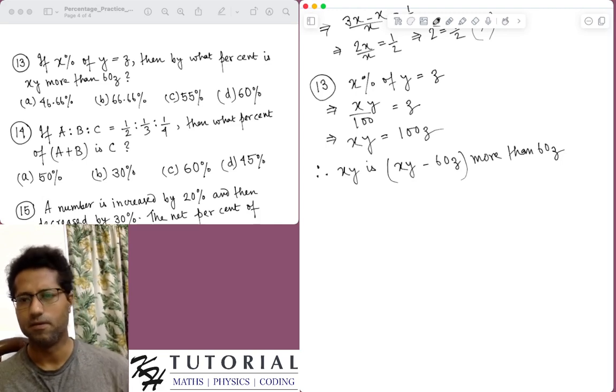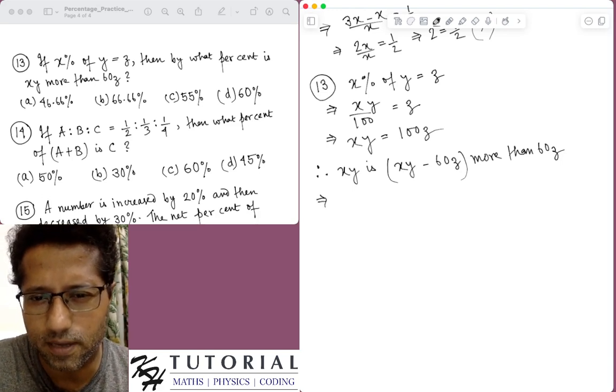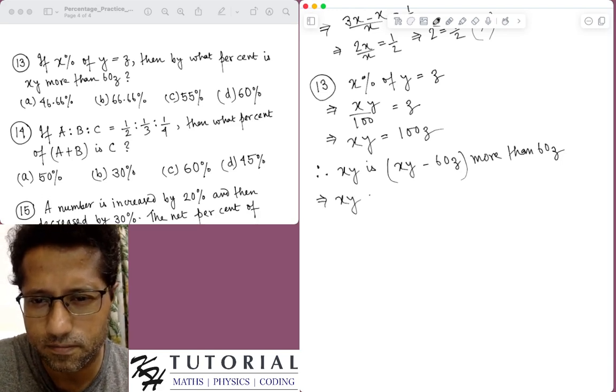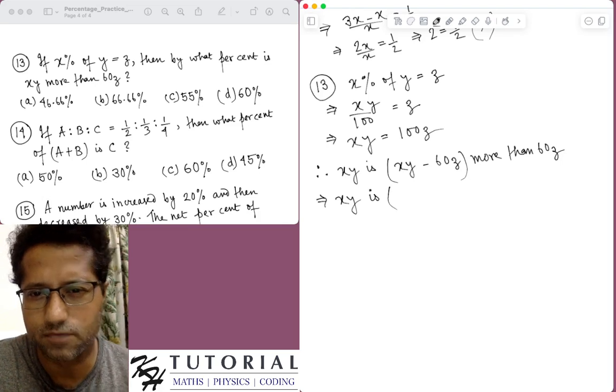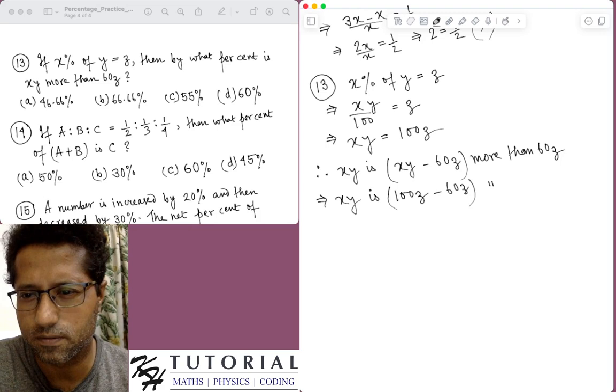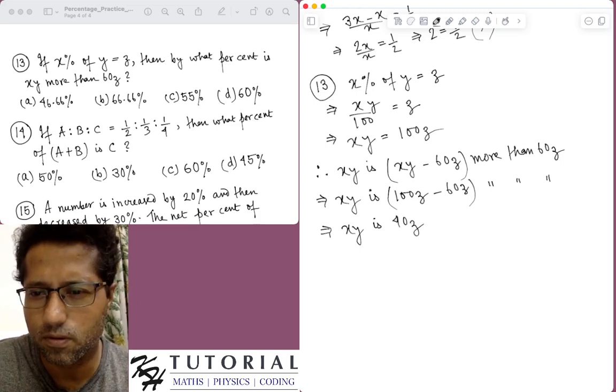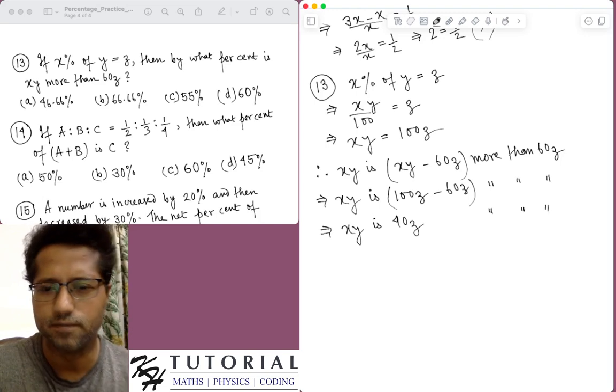Obviously, a minus b. This implies xy, which we have found to be 100z, so we can say that xy is 100z minus 60z more than 60z. This implies xy is 40z more than 60z.